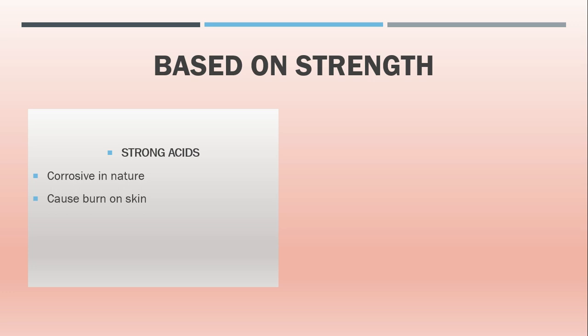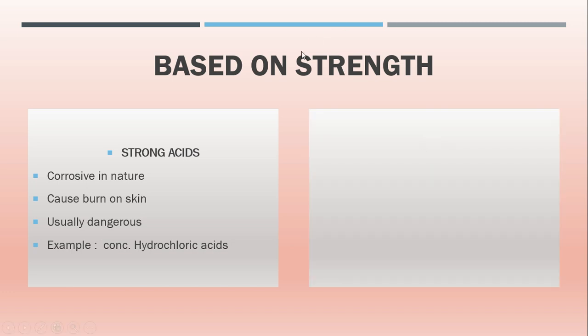So that's why whenever we deal with strong acid, we have to be very careful. That means it causes burn in skin, usually dangerous. Concentrated, as I told you, example, concentrated hydrochloric acid.